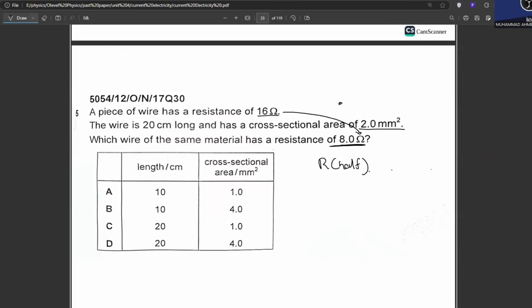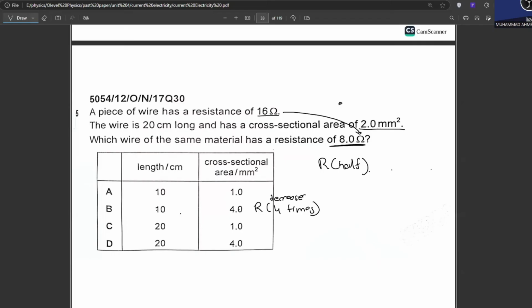If the length halves and area doubles, obviously your resistance will decrease 4 times. But I don't want that. I want the resistance to only half.